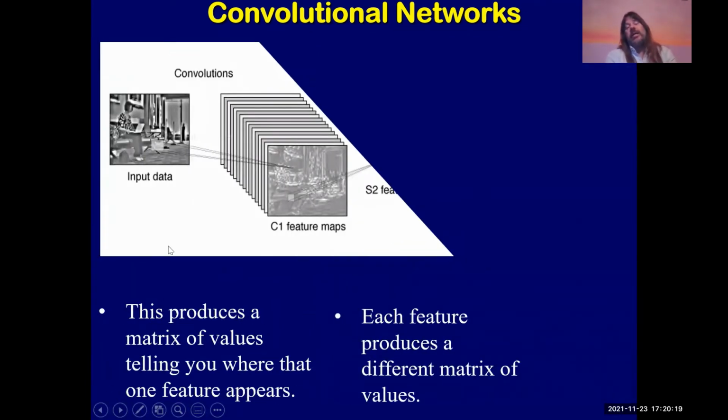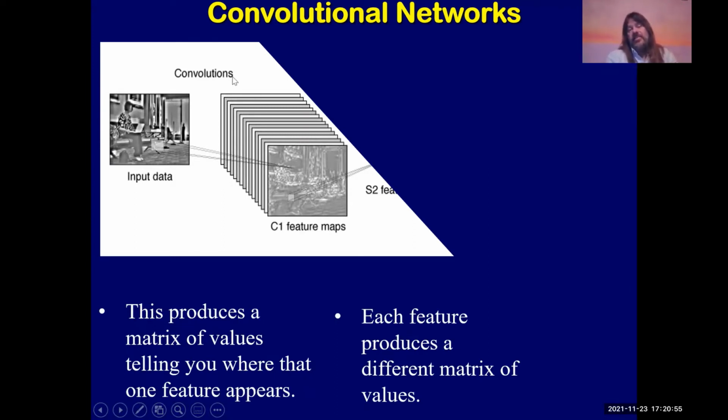Now in our neural net, we have layers, and at the bottom layer we have the input, and then we have many feature maps. Remember, we described how to get one of these feature maps. Maybe this feature map is dictated by a 9 by 9 matrix of weights, and those weights are moved all through the image to give you this mapping, which tells you where that feature appears in the image.